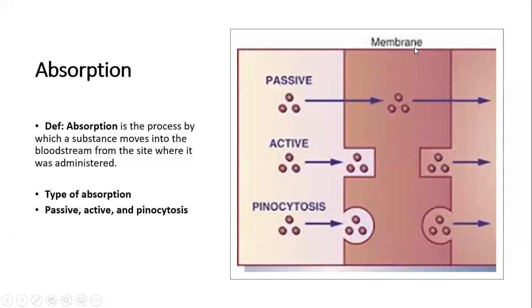So this is the membrane and this is the cell. Maybe the drug can directly cross over by passive transport.